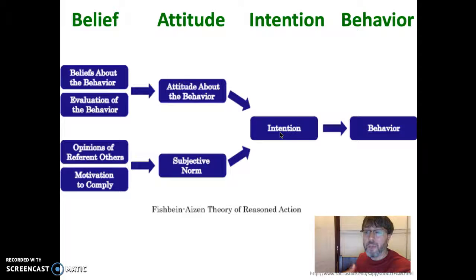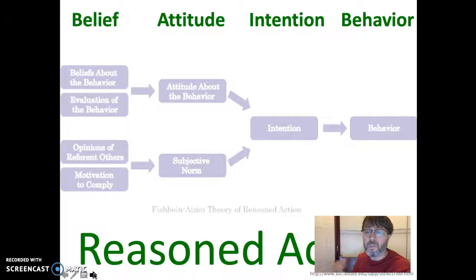They're going to make choices based on their attitudes and knowledge. So if you took that approach to HIV transmission, this would be the theory of reasoned action. It's more of a cognitive theory, a theory about what goes on in people's heads.